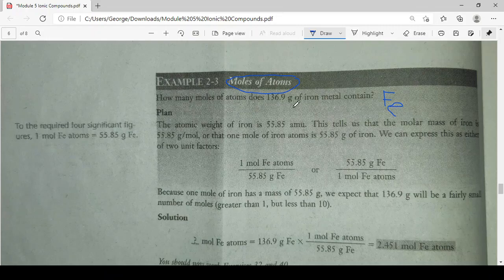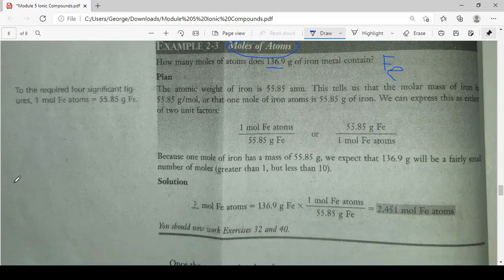You are given the mass of 136.9 grams of your iron metal. First we write the plan. The atomic weight of iron is 55.85 atomic mass units. This tells us that the molar mass of iron is 55.85 grams per mole, or that 1 mole of your iron is 55.85 grams of iron.